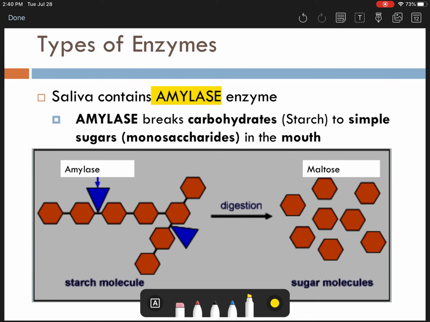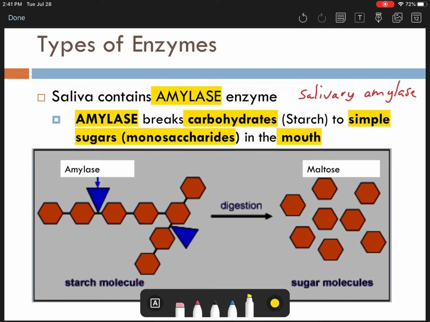Okay? Now, your saliva contains what's called salivary amylase. So called that because it's in your saliva. Okay? So what happens here is that amylase breaks down carbohydrates into simple sugars or monosaccharides in your mouth.